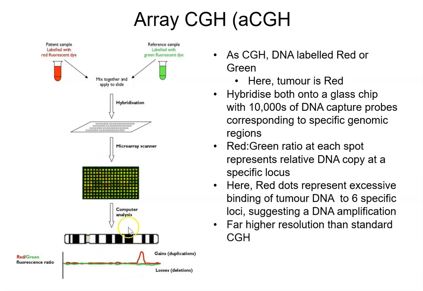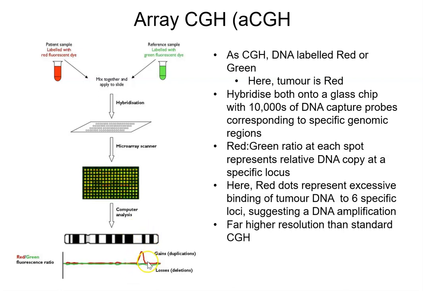So in this case, in this particular example, it's been done with red as tumour. I mean, you can flip these round, it really doesn't matter. We often do an experiment red tumour, green normal, and then flip the experiment to prove that the result is correct. So in this result down here, we've got a tumour that's got a chromosome duplication down at the bottom of here of chromosome 8q24, that band.